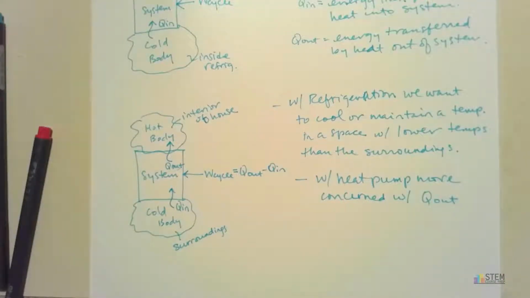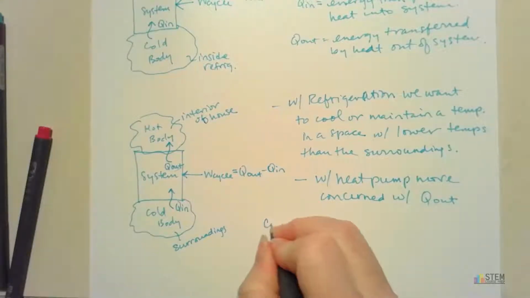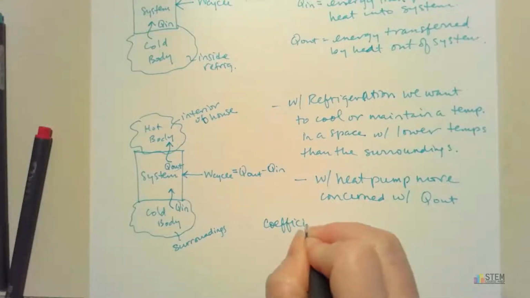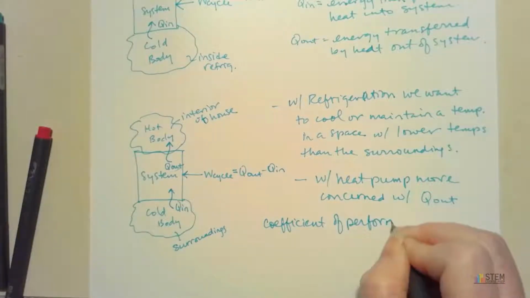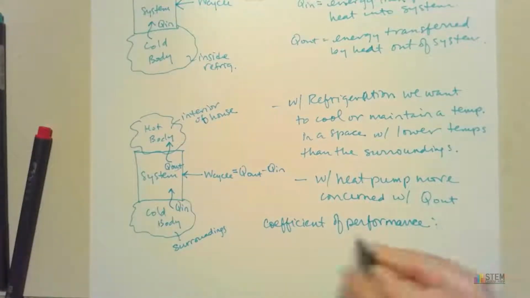Now, with that being said, we're going to have coefficients of performance. And this will tell us basically how our efficiency is. All right, so our coefficient of performance, we're going to have two of them.